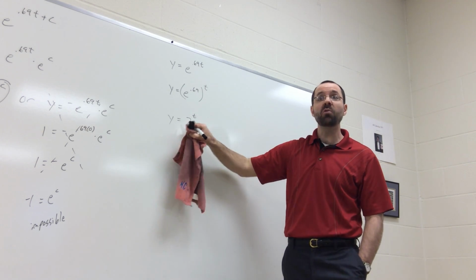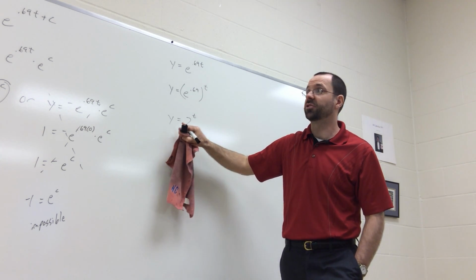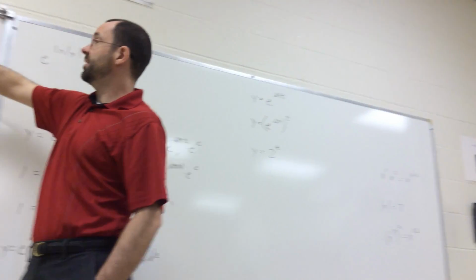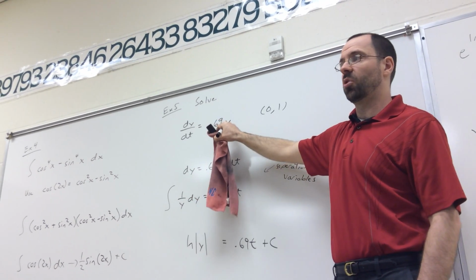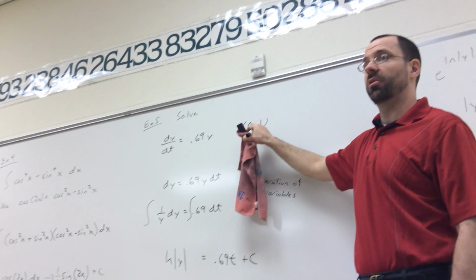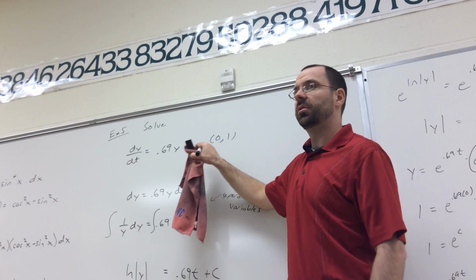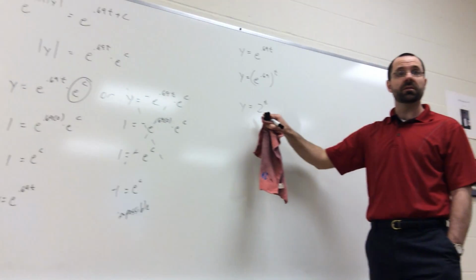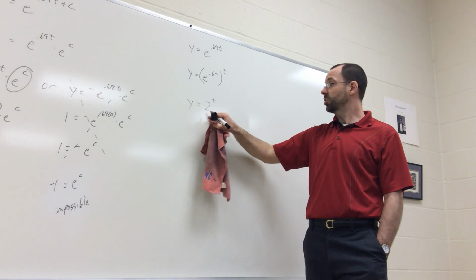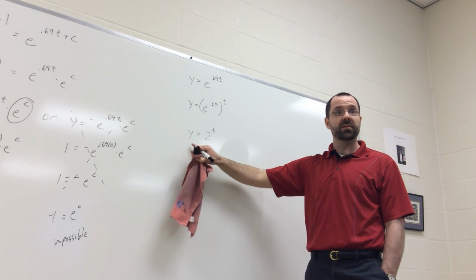Okay, now this is supposed to be the solution to the original equation for this information, right? For dy/dt equals 0.69y and the point (0, 1). First of all, does this go through the point (0, 1)? 2 to the 0 is 1. Okay, so that's good.